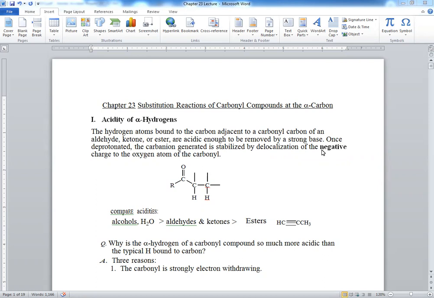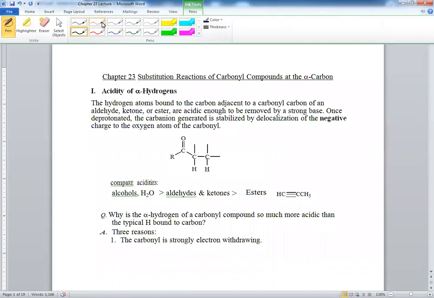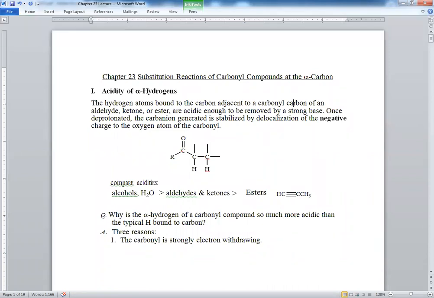So where are those hydrogens? They are on the adjacent carbon. So here's our carbonyl carbon.